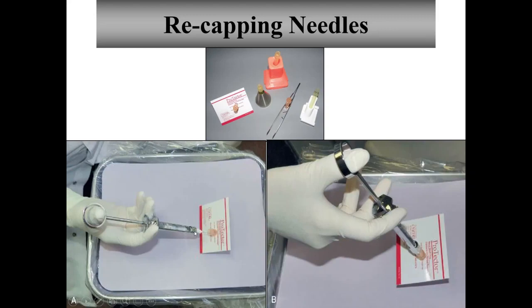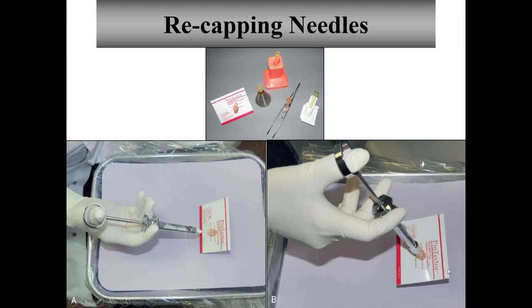But the important thing is to recap with only one hand, because if you grab this cardboard with your other hand and you slip, the needle can go in between the cap and the cardboard around here, and you can stick yourself, or you can just miss the cap entirely and end up sticking yourself and having an exposure where you're holding the cardboard.